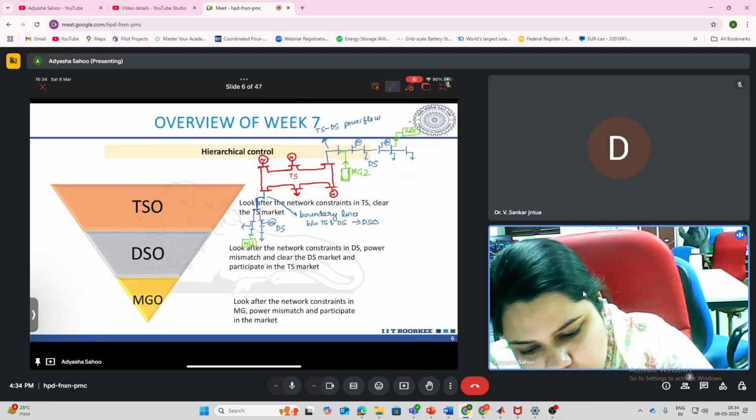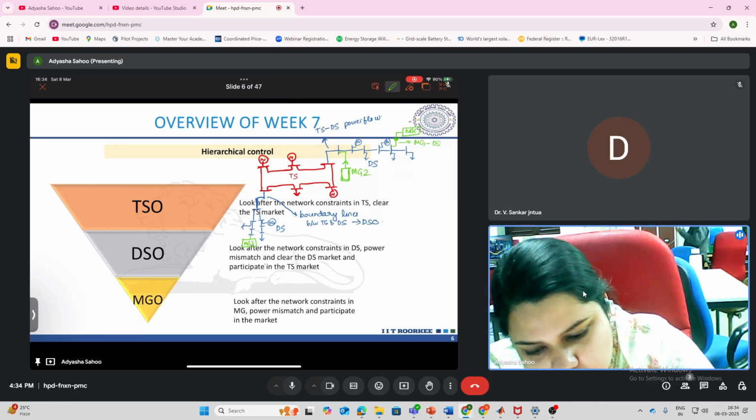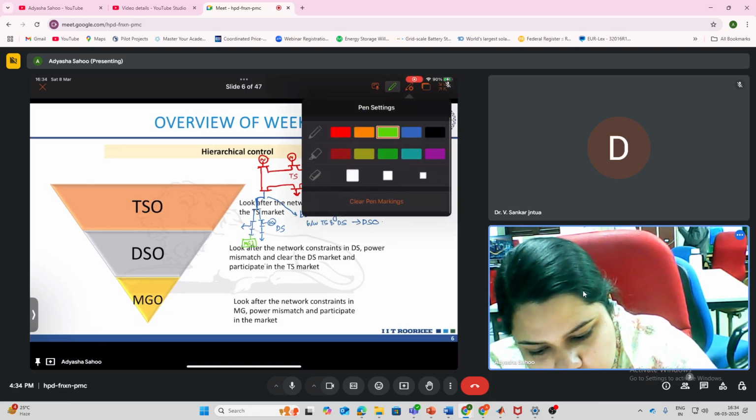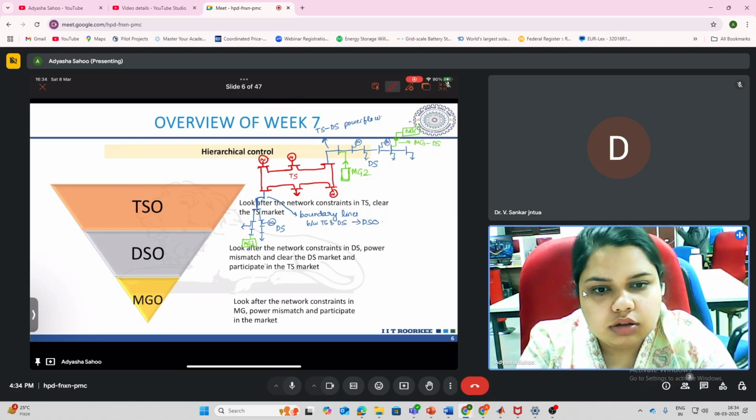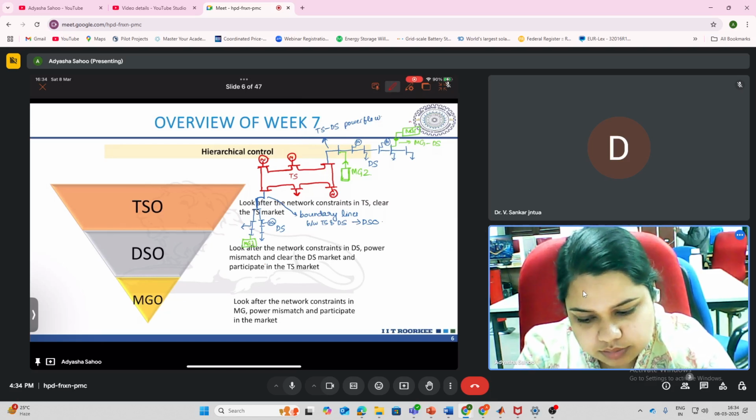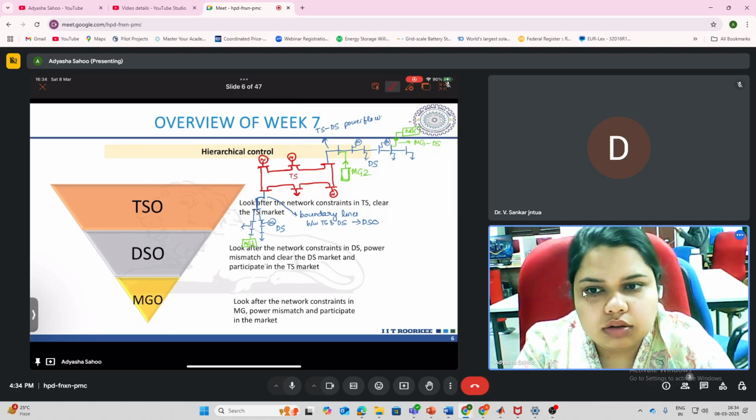Similarly, here between the microgrid and distribution system, and finally, the transmission system will look after the operation needs in the transmission system. So this is the hierarchy of connection in the overall bulk power system.